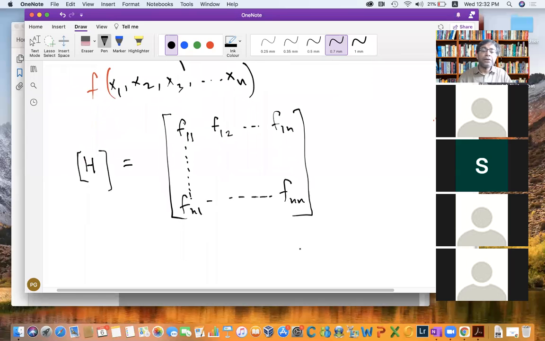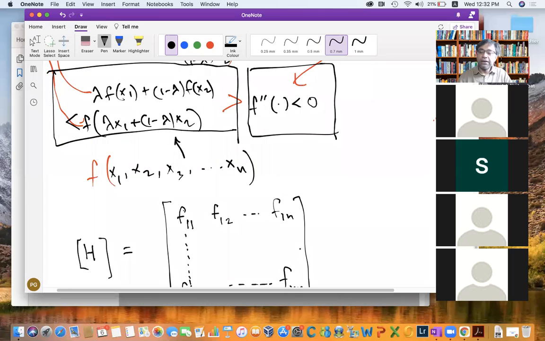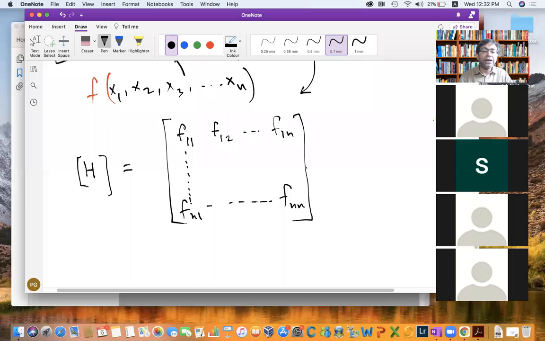All right. So the analogous condition of our negative second derivative in the single variable case is that the Hessian matrix is negative semi-definite. That is what is called negative semi-definite.